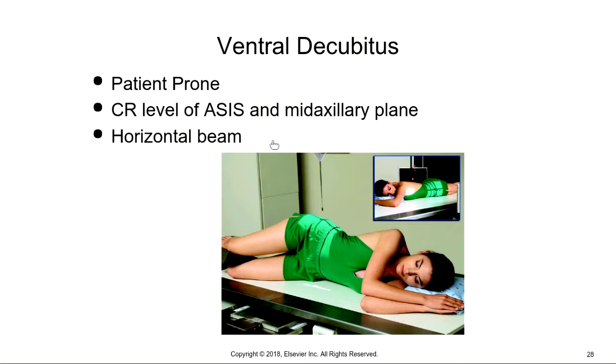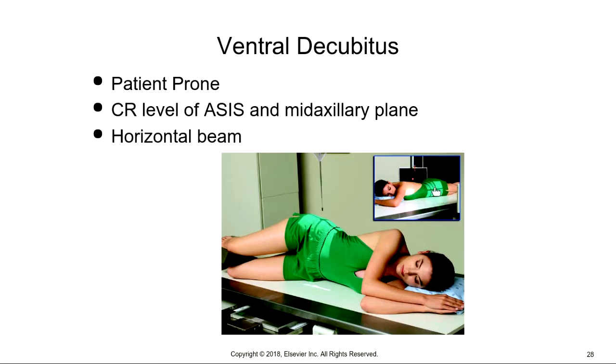Central ray for this is just like it was for the lateral. That was ASIS and mid-axillary. Same thing here. It's at the level of the ASIS and mid-axillary. So when you reach under the patient right here, your ASIS tends to jut out. So this would actually stick out, and when you place your hand under there, you would definitely feel the patient's ASIS.